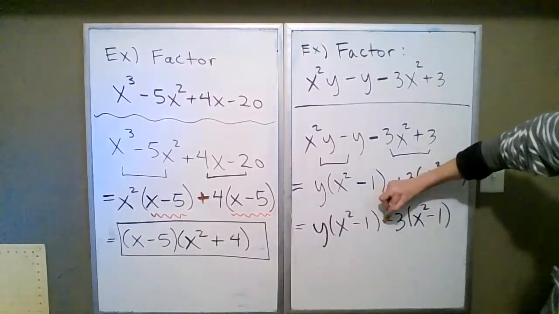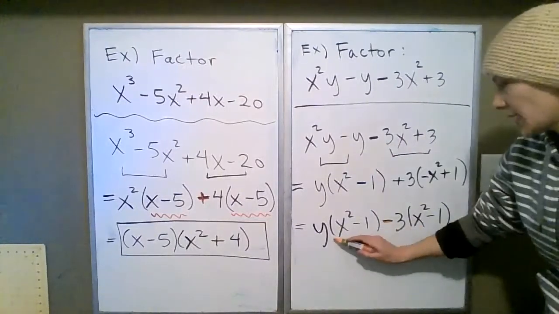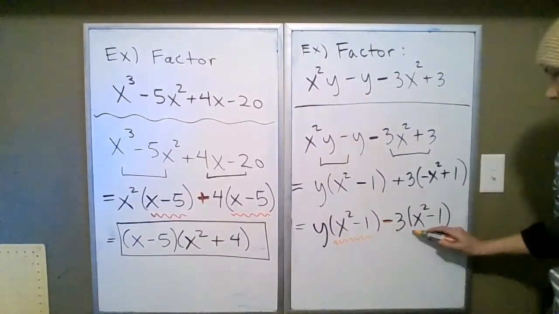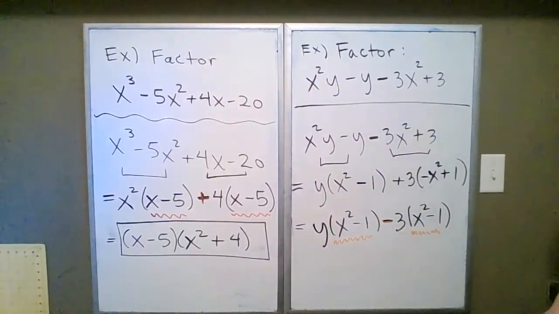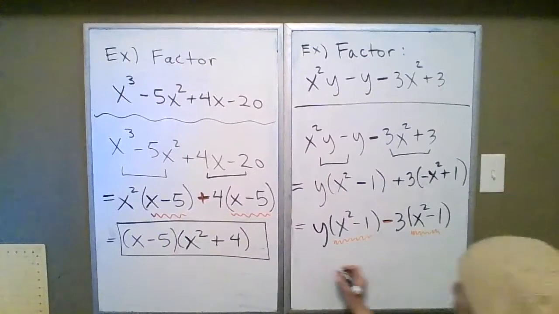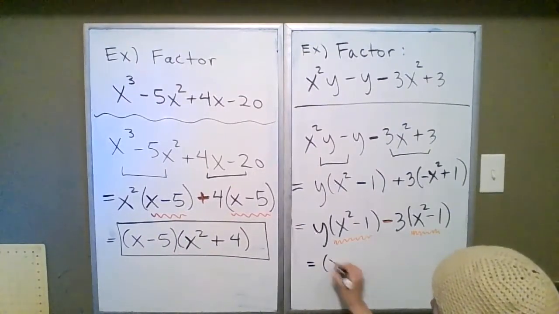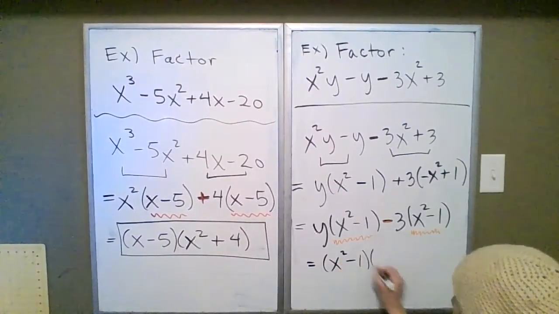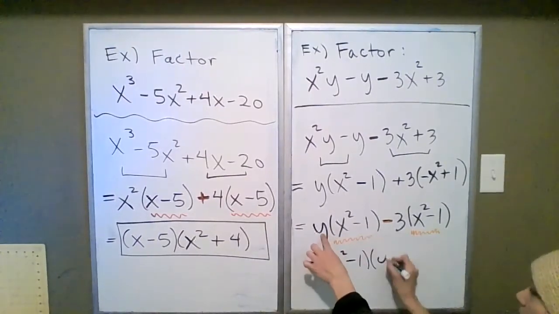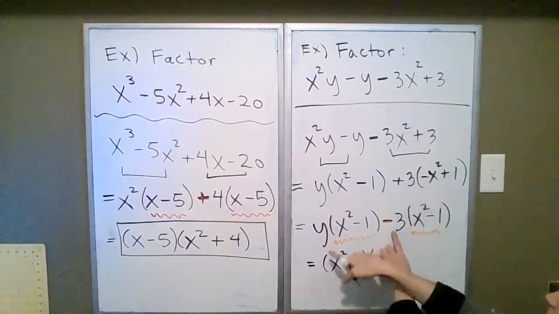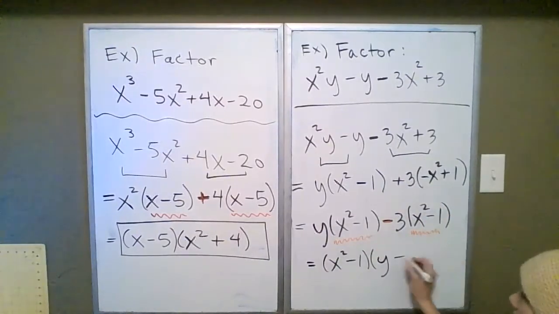There's a term before this minus sign and a term after the minus sign. The first one has an x squared minus 1. The other one also has an x squared minus 1. So factor that out. So factor out x squared minus 1, it would leave the y. And then from here, take that out to the front, it leaves negative 3.